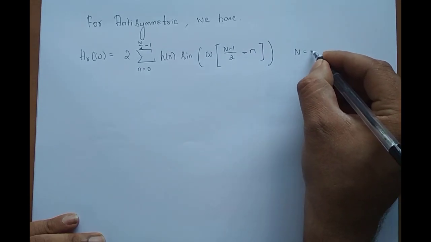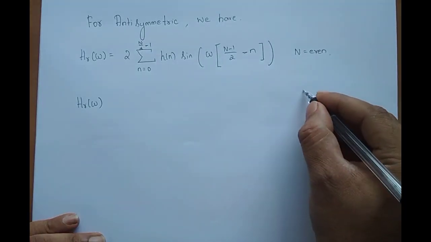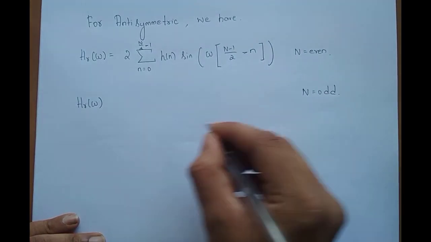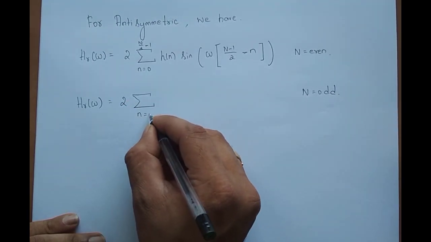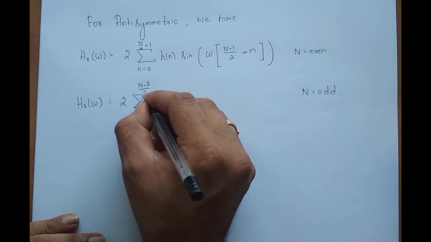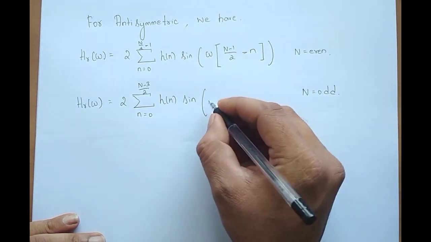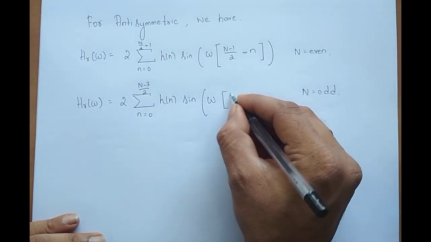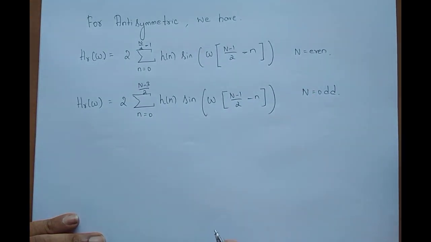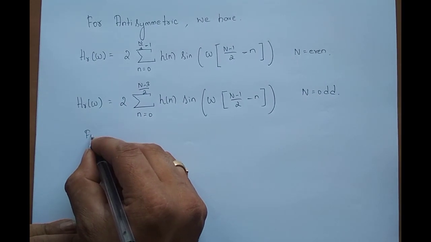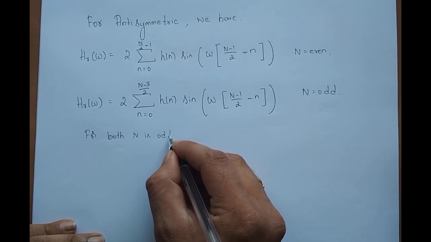And H_R of omega for N odd is given by 2 times the summation n varying from 0 to (N minus 3)/2 of h of n sine of omega into (N minus 1)/2 minus n.